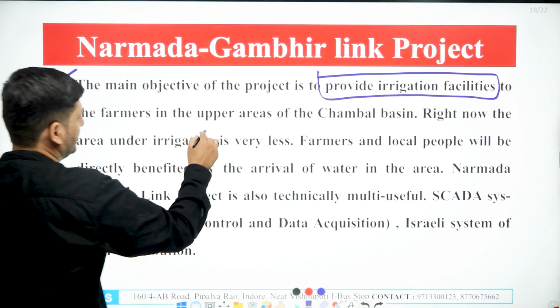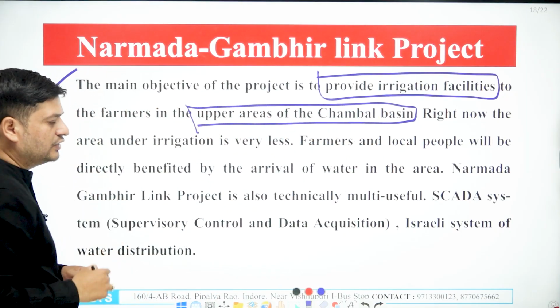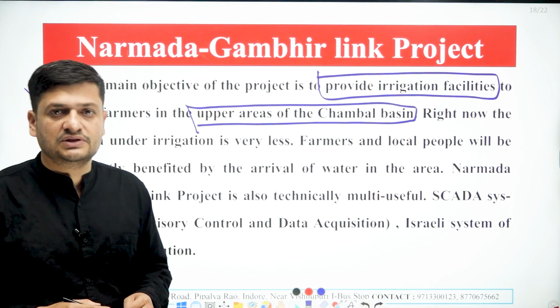in the upper areas of the Chambal Basin. What do you mean by the upper areas of the Chambal Basin?